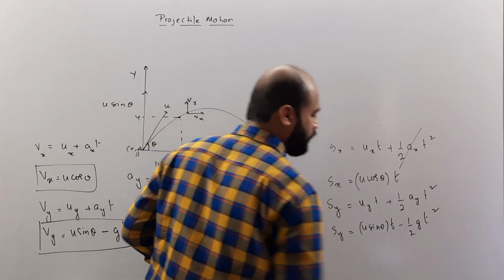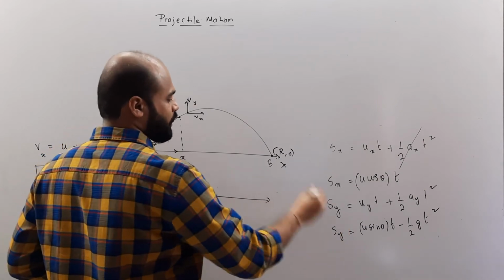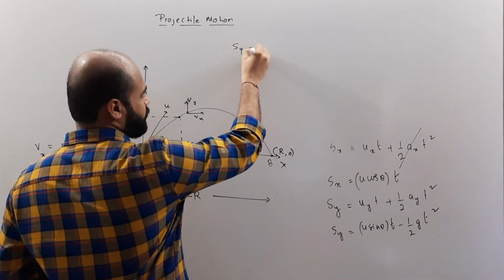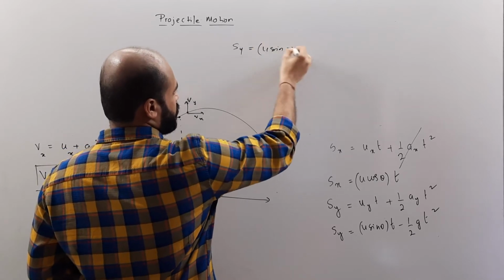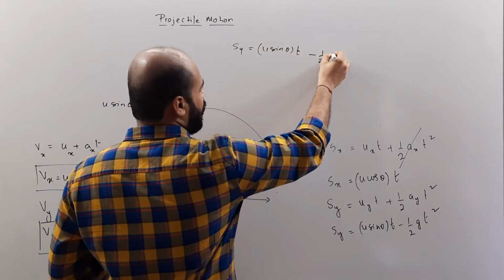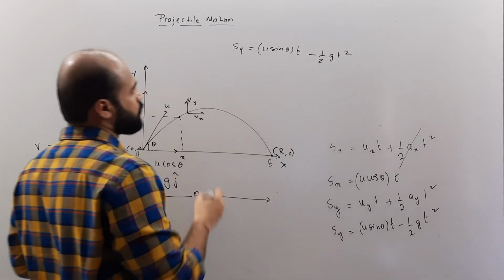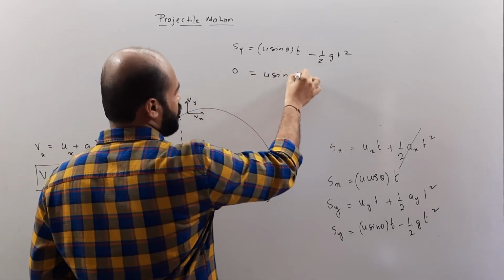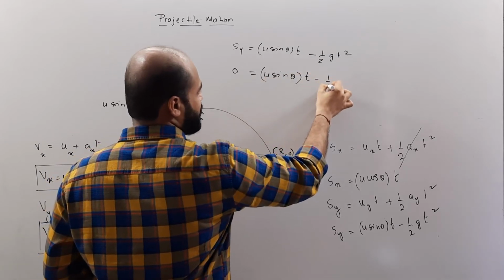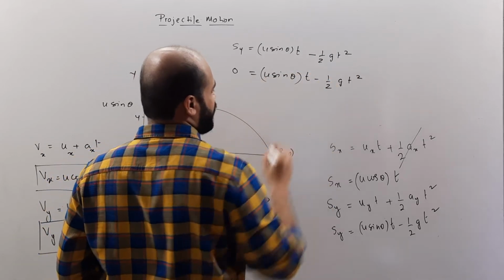So this equation I am going to take, Sy is equal to u sin theta into t minus half g t square. So Sy becomes 0 and we get such an equation, u sin theta t minus half g t square.